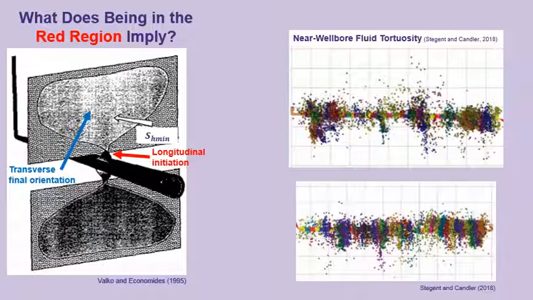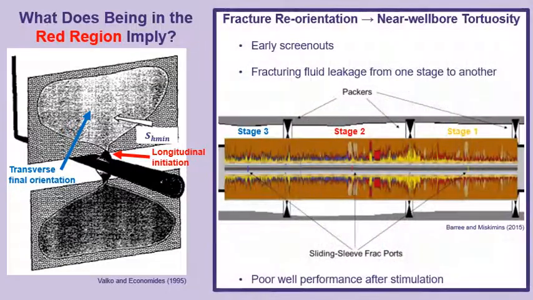This reorientation from longitudinal fracture initiation to transverse final propagation plane generates fluid tortuosities in the near wellbore region, which triggers serious completion-related problems such as early screen-outs and fracturing fluid leakage across stages during a multi-stage treatment.